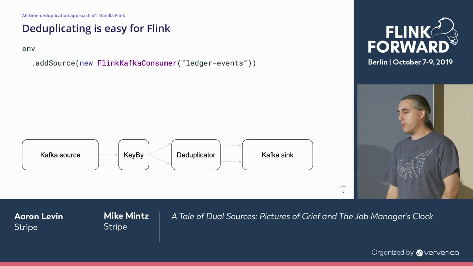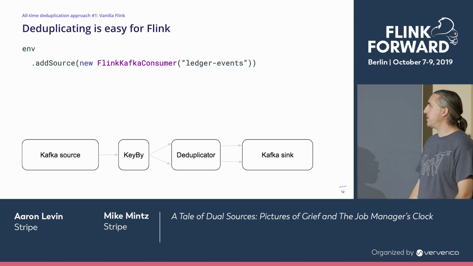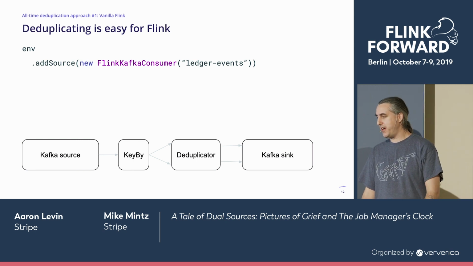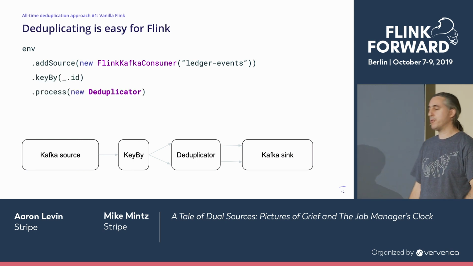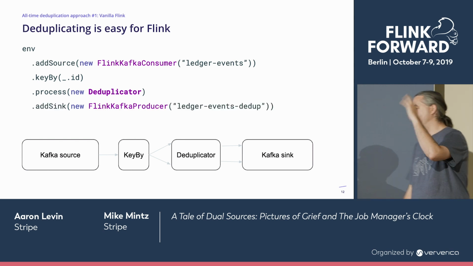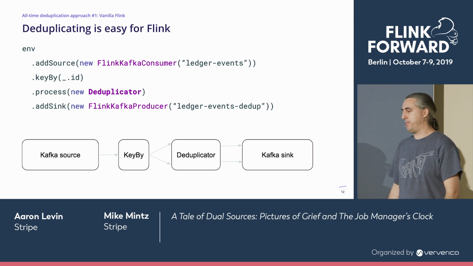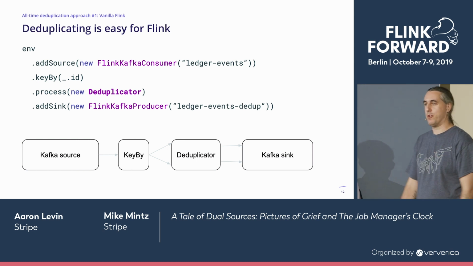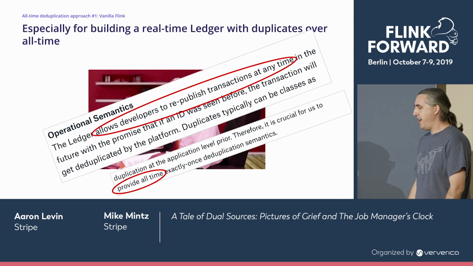In Flink code, this looks like exactly what you might expect. We add a source of ledger events, we key them by their ID, we process them through the deduplicator, and then we sink them into a new Kafka topic. And all is well in the world of deduplication.